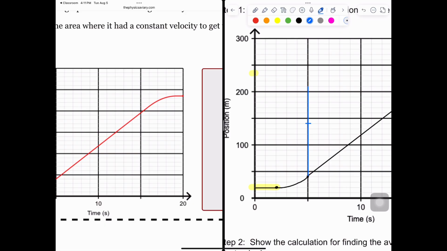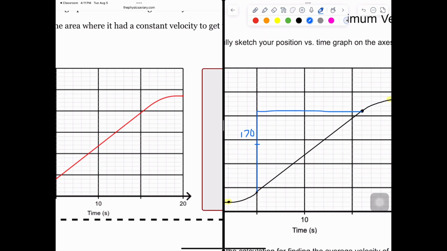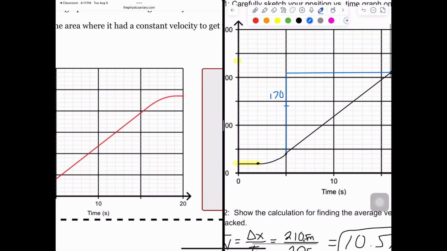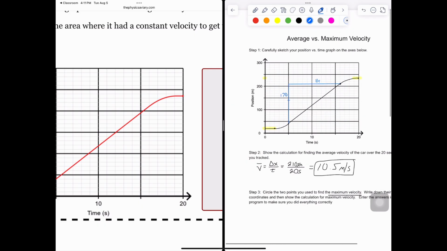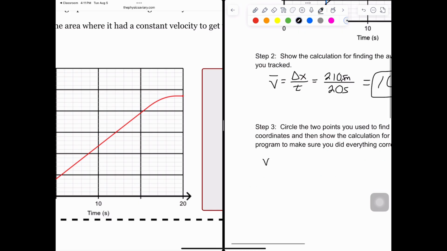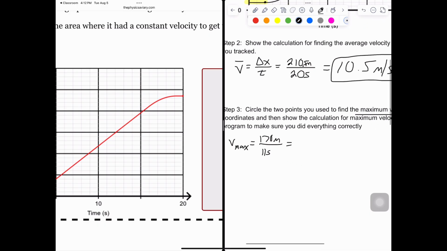So for me, that is going to be a rise of, 10, 20, 30, 40, 50, 60, 70, about 170. And it's a rise of 170 and a run of, looks like, 11 seconds, roughly. So 170 meters over 11 seconds, and I'm getting a maximum speed of about 15.5 meters per second.